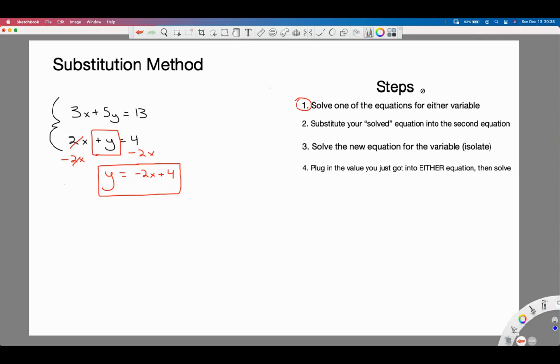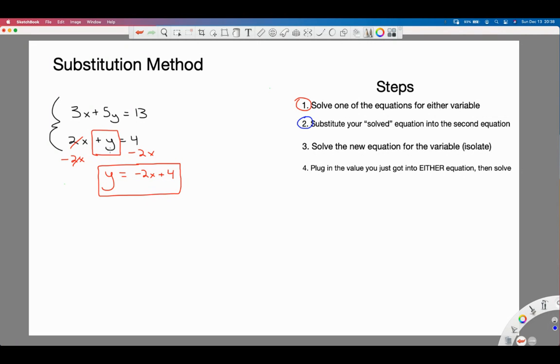And the reason why we need to do that, everybody, is because we need to create an isolated variable. So our y is now 100% isolated here on the left. Because what you're thinking is probably accurate here. So for step number 2, we want to substitute our solved equation that we just got into whatever that second equation was.